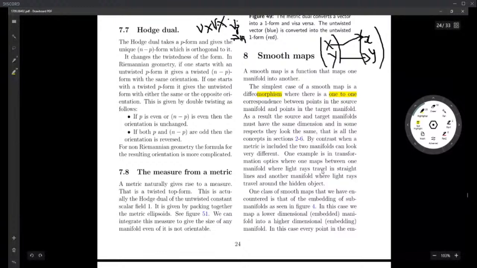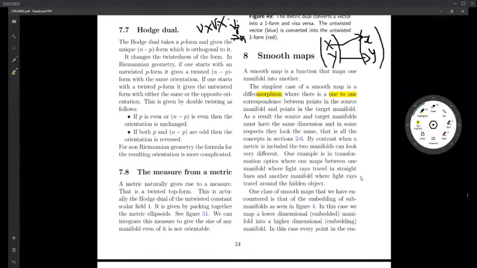If you map between one manifold where light rays travel in straight lines and another, you can think of it as light traveling with a hidden object, like a torch being shined underwater. You can look at it from the outside, it's going to be diffracted, but if you look at it from the inside, it's going to look different, dispersed.